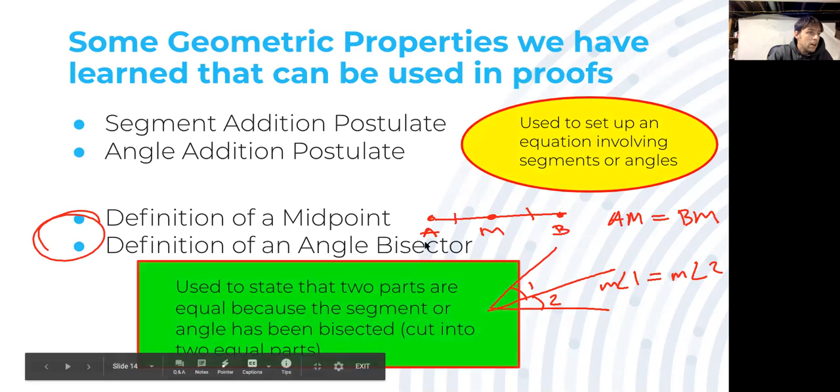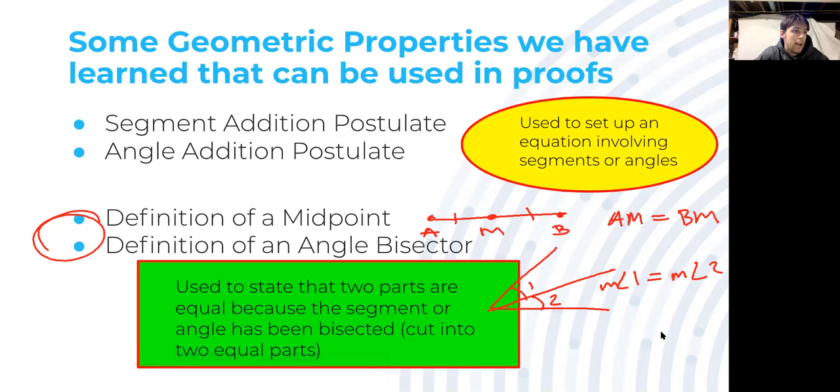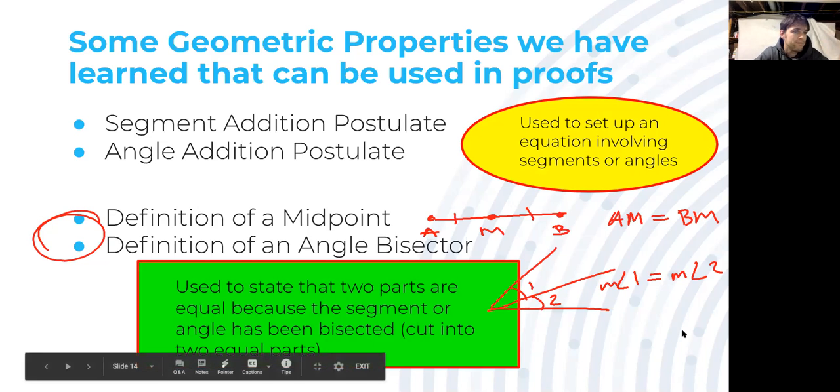And when we know we have a midpoint, we know we have two equal parts, or when we know we have an angle bisector, we know we have two equal angles. So those could also be used to help us set up equations. That's why we're going to be having these involved in our algebraic proofs, because these two different sets of properties and definitions are helping us set up equations.